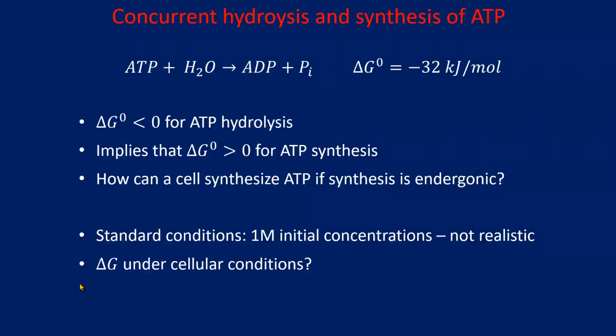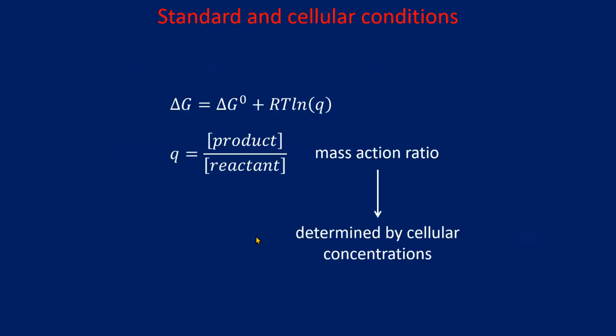You have to think about the change in free energy in terms of the cellular condition, and the cellular condition can be way different than the standard condition. So here you have to apply the mass action ratio and determine the cellular concentrations also.